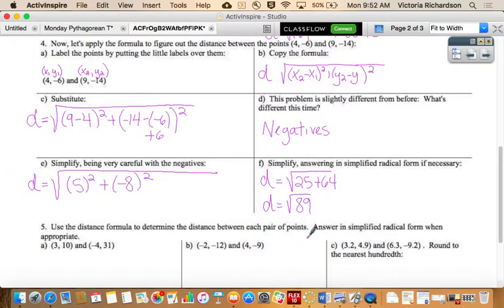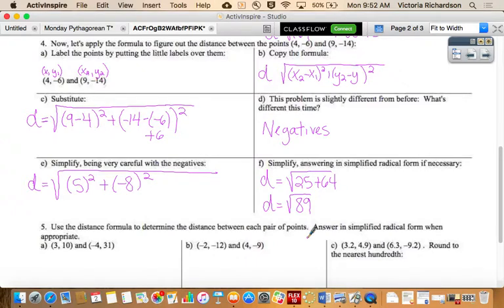And that is a perfectly acceptable answer. It's actually more right. Because you're saying it is this thing. You don't have to do any rounding or estimating or anything like that. So if you get a crazy answer, like a decimal answer, I want you to write it like this. D equals the square root of 89 or whatever number it is that you get.